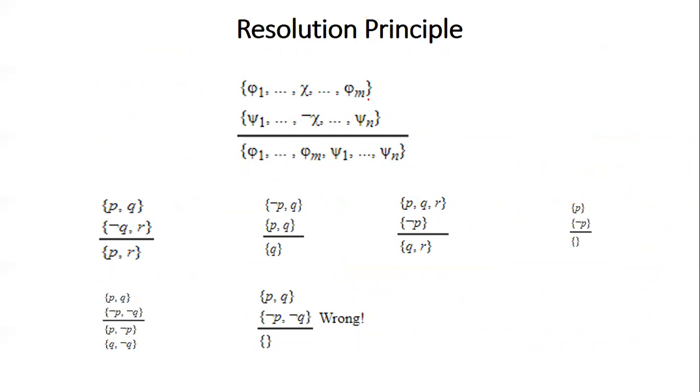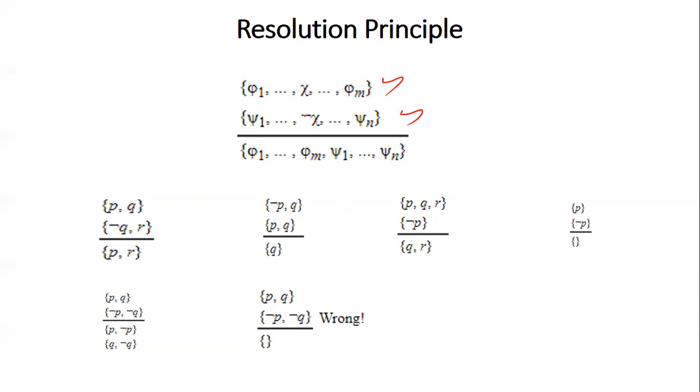So if there is a set of literals like this, basically, this is a clause. A clause is a set of literals, right? So if there is a clause like this, and another clause like this, the first clause is theta 1, theta 2, up to theta m, with some x1 here, whereas the second clause is chi 1, chi 2 up to chi n.